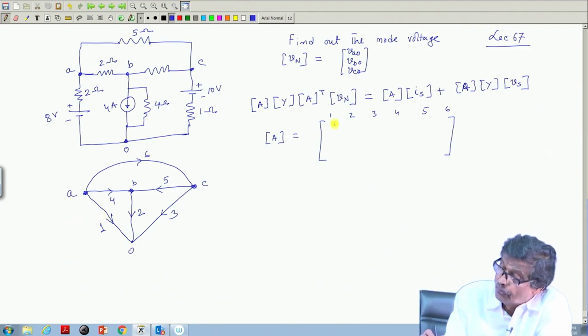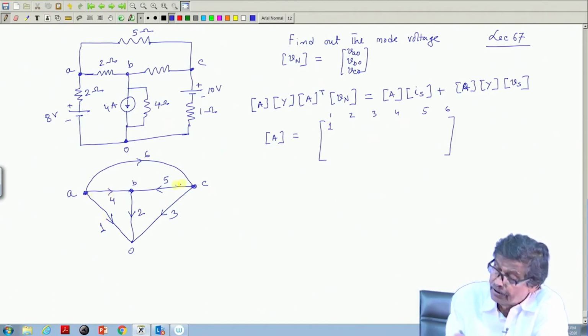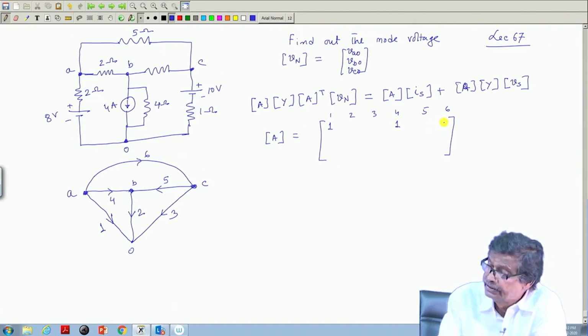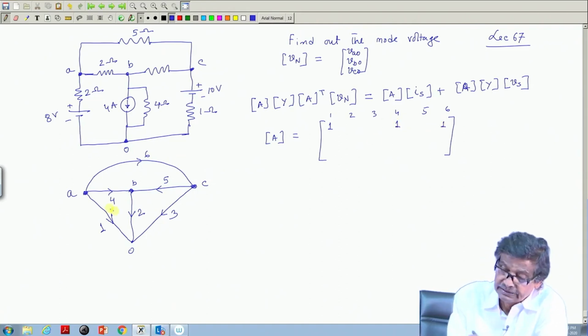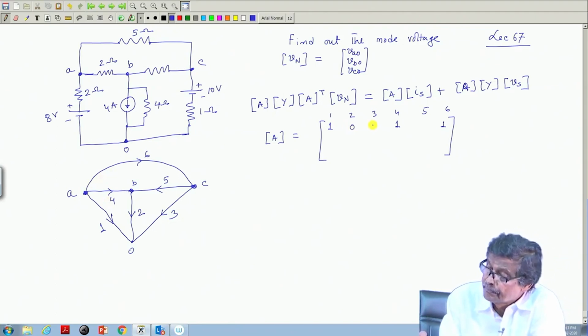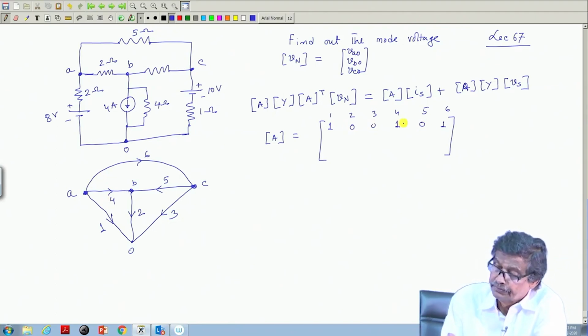So, 1 is plus, 4 is also plus coming out and 6 is plus. These are the only 3 elements which participate in deciding the currents which are coming out there. So, others entries will be 0.